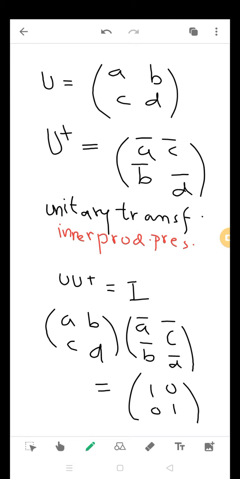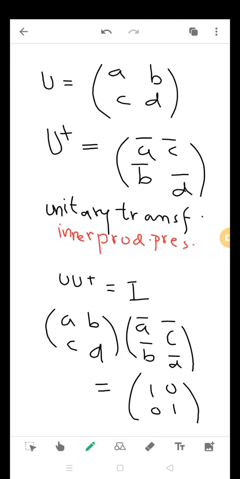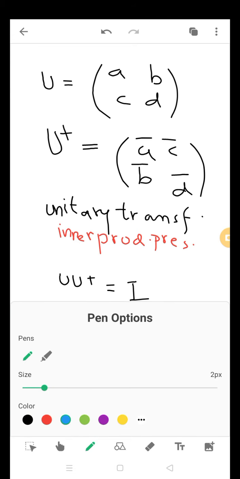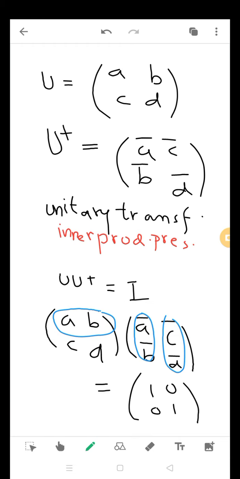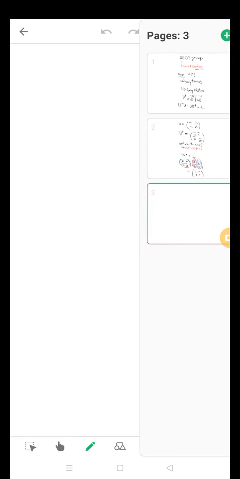Now if we do the matrix multiplication, that means if we multiply this one with this one, and again this one with this one, and so on for the other combinations, we will have the following four equations.